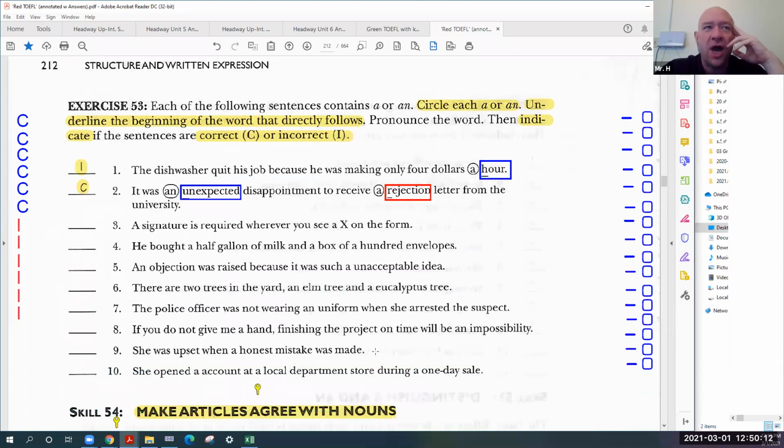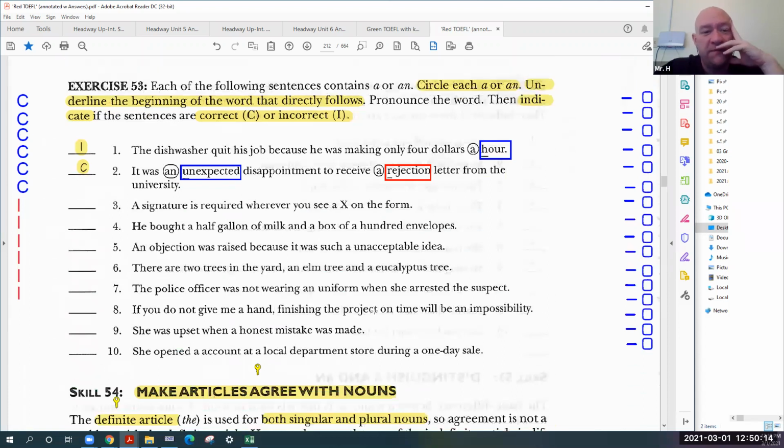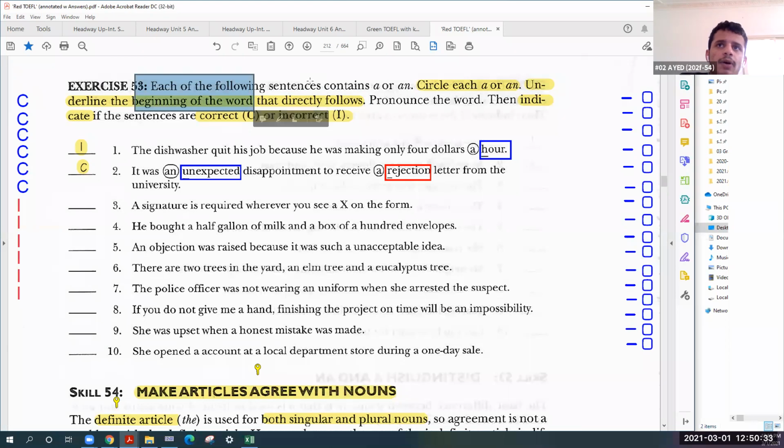All right, let's try this exercise, but let's do number one first. Ayed, how do we do it? Circle each A or AN. Underline the beginning of the word that directly follows.